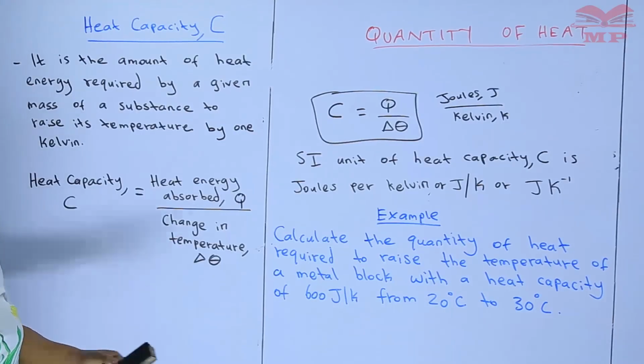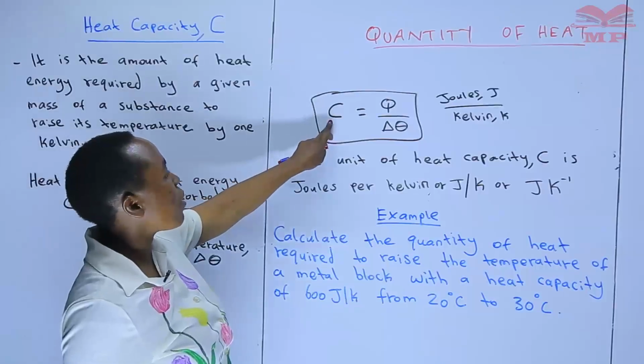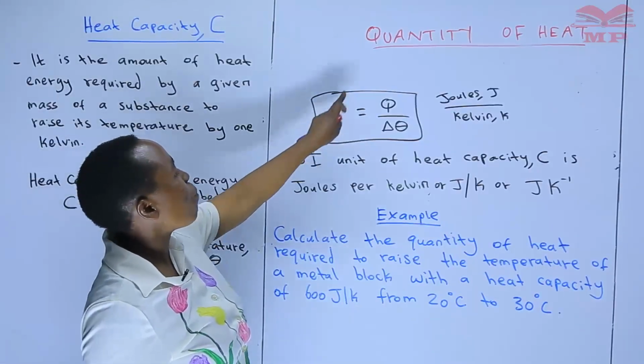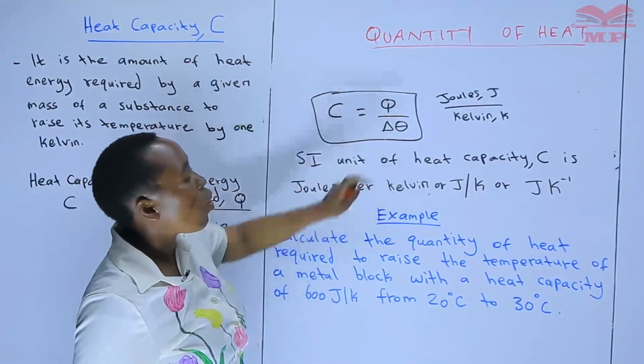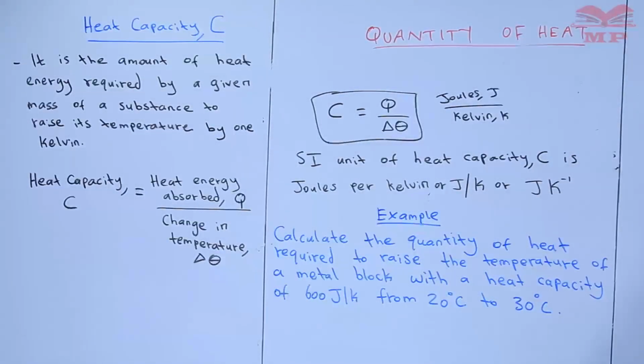So we want to calculate the quantity of heat. From this formula, we can get the heat capacity, the quantity of heat, or the change in temperature, depending on the question.